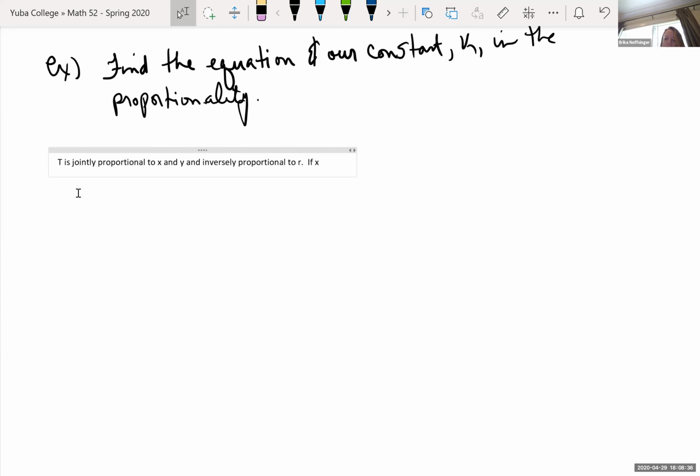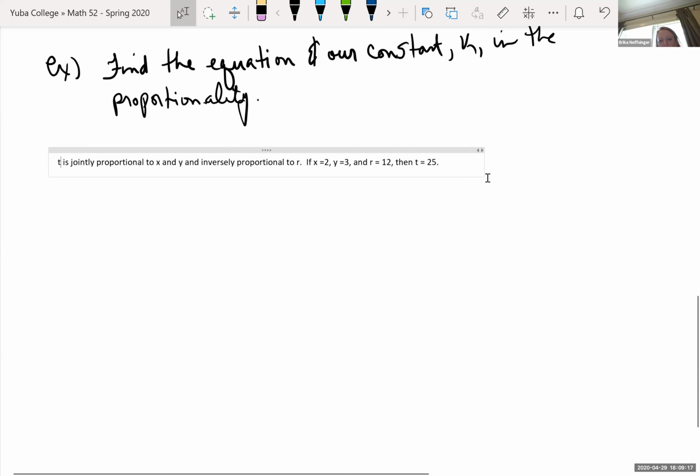If x is equal to 2, y is equal to 3, r is equal to 12, then t is 25. That's a lowercase t.